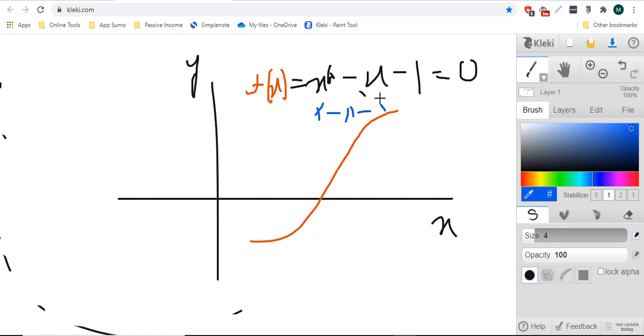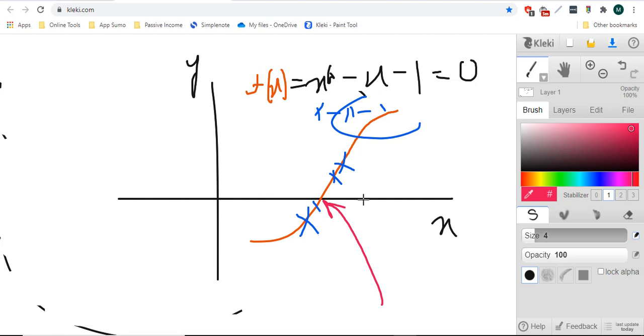Once I will have a value which is less than 0, once I will have one which is greater than 0, and I will keep on doing it again and again to get my final value which lies at this point. This is my actual solution. But simply putting the values 1, 2, 3, minus 1, minus 2, minus 3 in place of x, we will not be able to get that.